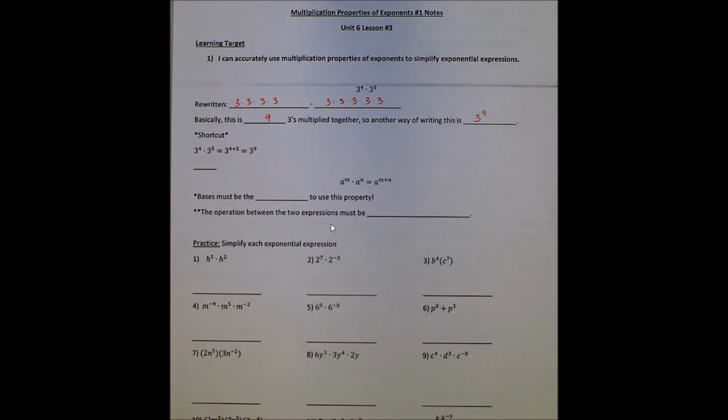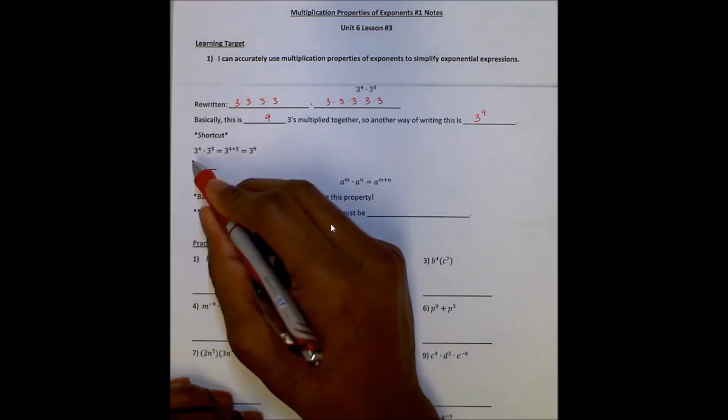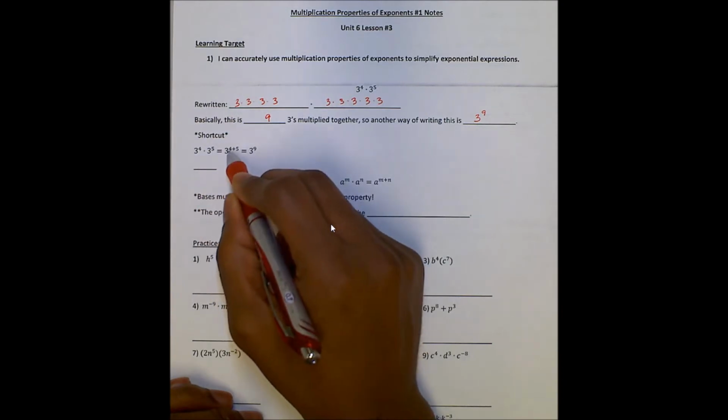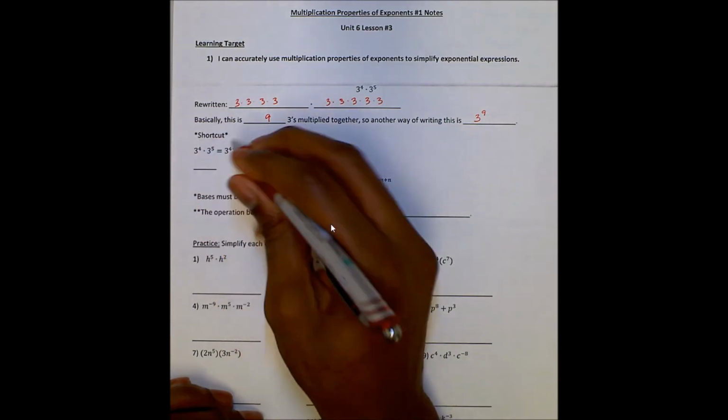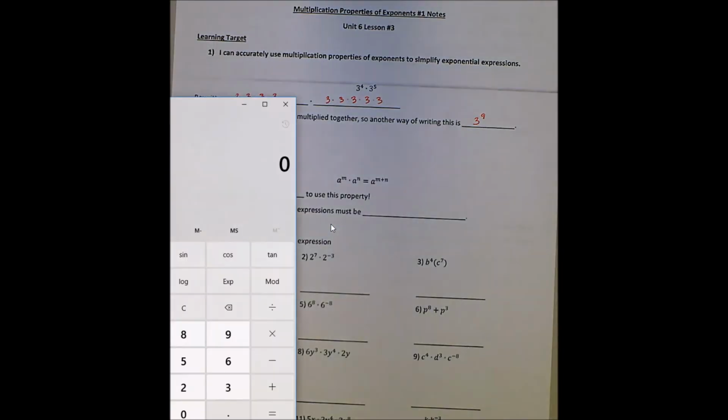The shortcut is that instead of doing anything really intricate, we are able to just add the exponents. 3 to the 4th plus 5 is 3 to the 9th, or I don't know what that number is. 3 to the 9th.